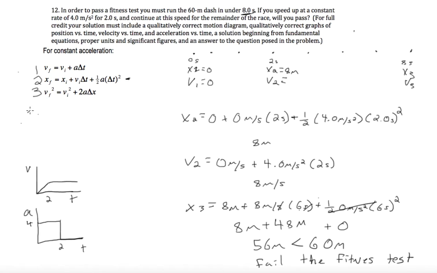And finally, we're going to do our x-t graph. And we're going to have 2, and we'll say 8 meters. So we're going to be going from this to this, and we're doing it with an upward concave slope.